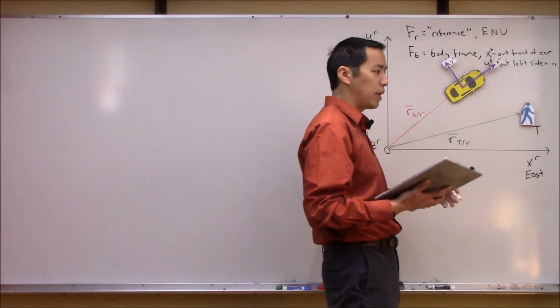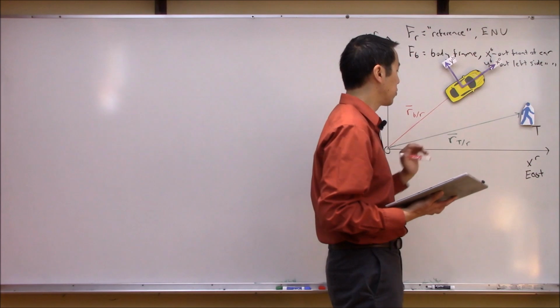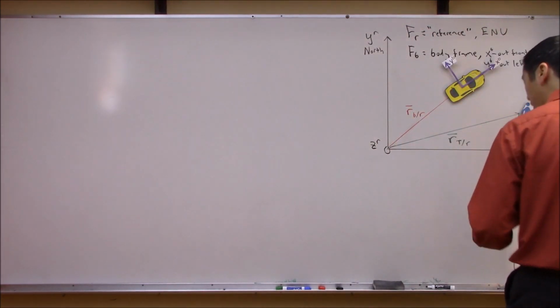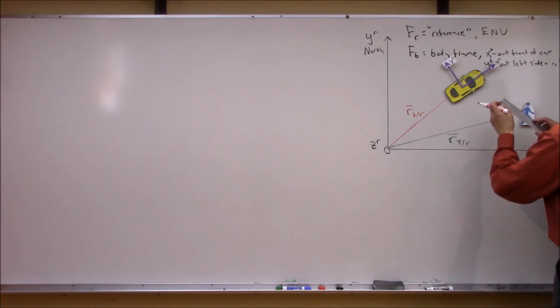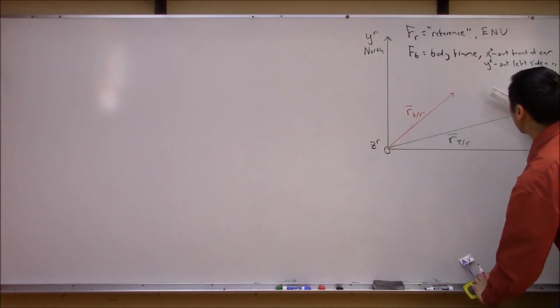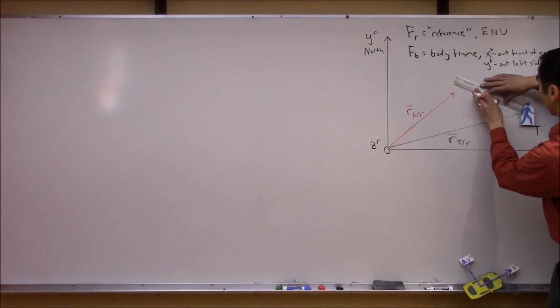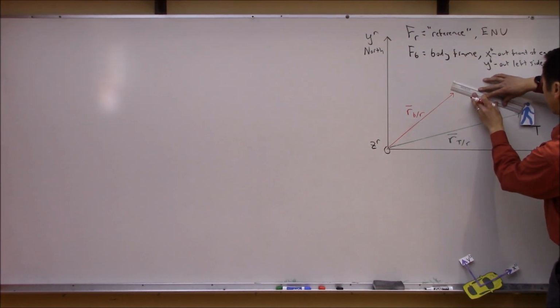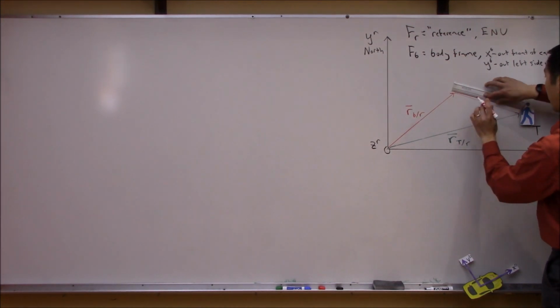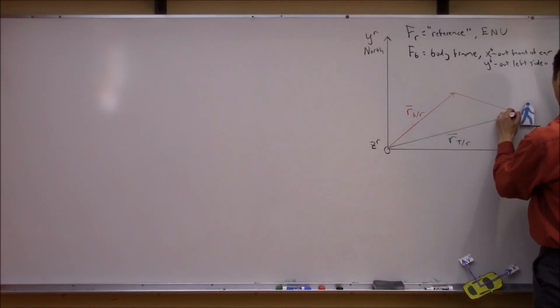Because the car is going to be able to sense where that pedestrian is with respect to itself. So in other words, I want to draw another vector which goes from the origin of the car. Let me take this off for a second, just so we can make sure that everything looks appropriate, like this, right? So now we have another vector like that, okay?